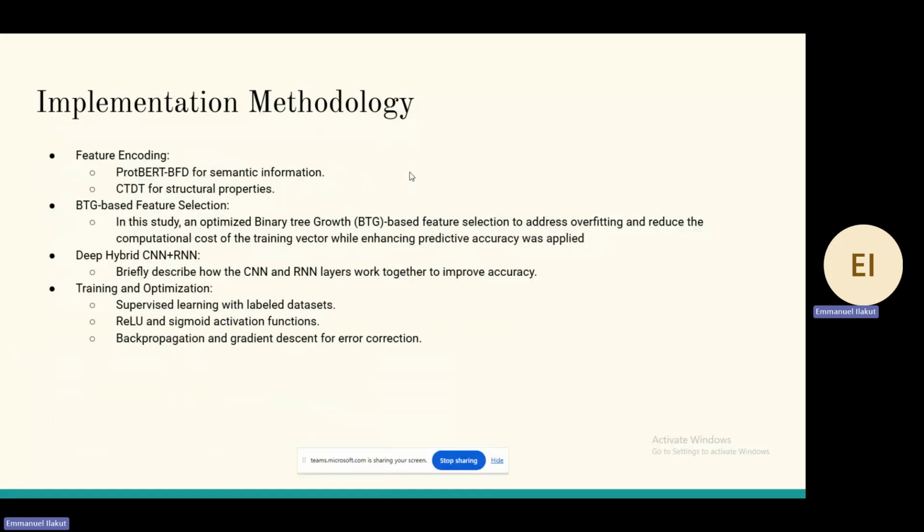Now, we had to improve our selection of these features because not all of them were meaningful. And so when we employed this binary tree, we ended up with 149 features, which were mostly used to train the models and to train the hybrids of the models.